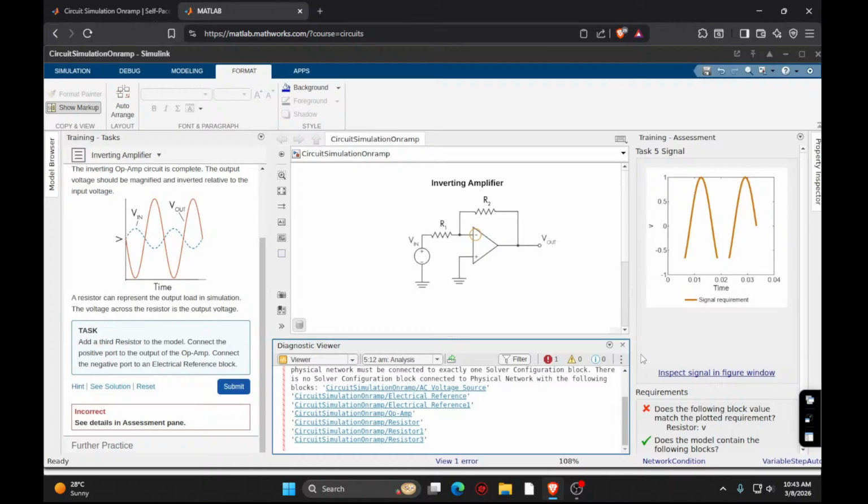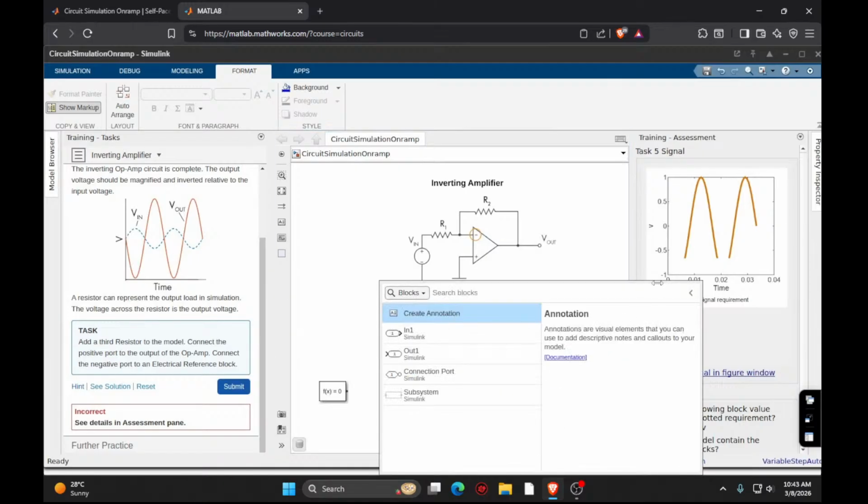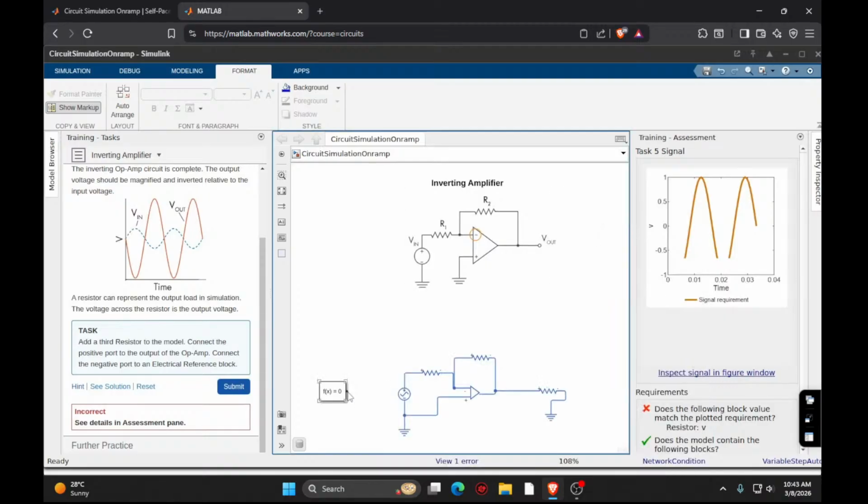There is no solver configuration that I have connected. Let's connect it.